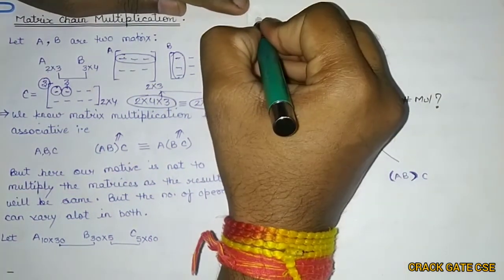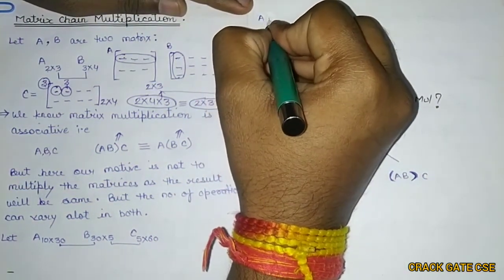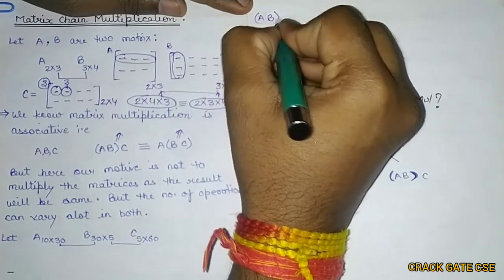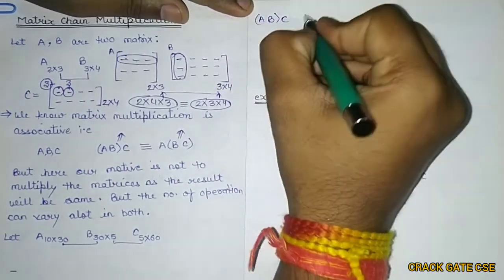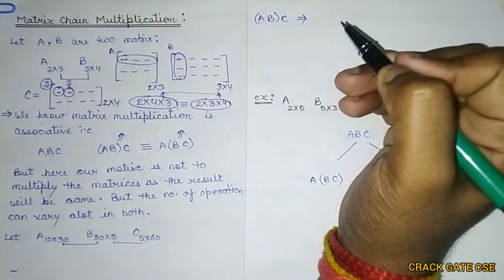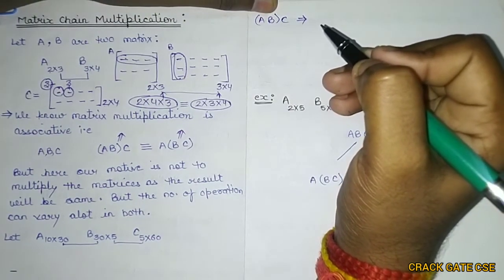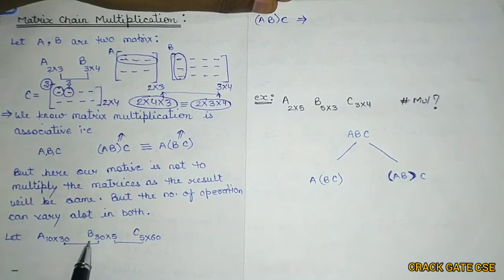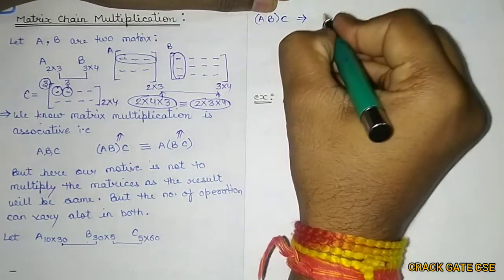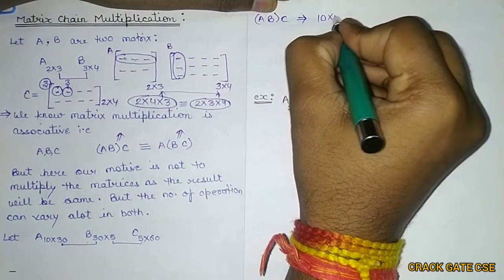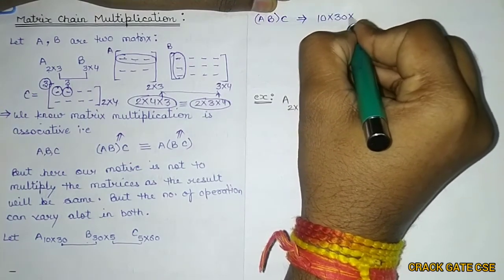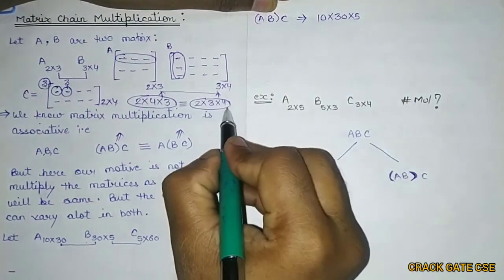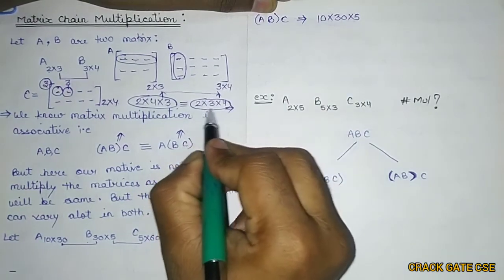One approach is that I multiply A B, then I multiply with C. If I am using this particular approach, first I need to multiply A with B. So to multiply A with B, I need 10 into 30 into 5 multiplications, just as I explained to you here, right?